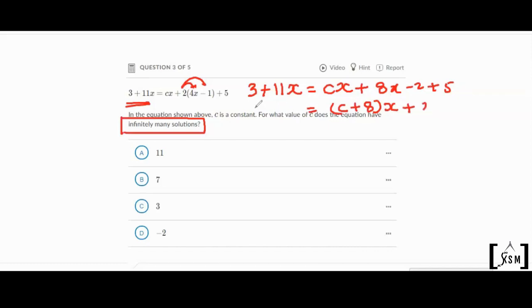So guys, what are we getting? On the left side we have 3 plus 11x, and the right side is (c plus 8)x plus 3. For infinitely many solutions, both sides should be the same. Comparing the 3s, they are the same. Now comparing the x part, it is plus 11 here and this part here, so they both should be equal.